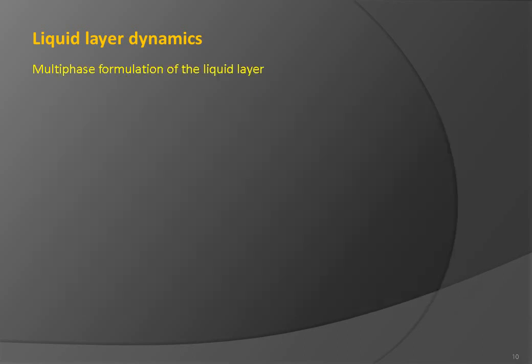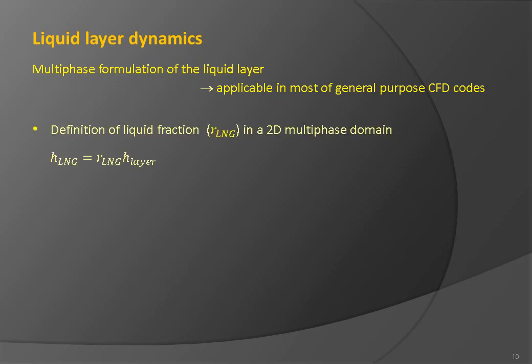The present work is based on a multi-phase formulation of the liquid layer, and therefore applicable in most general-purpose CFD codes. In a 2D multi-phase domain, a liquid fraction R LNG is defined. It substitutes the shallow water formulation and relates the thickness of the LNG layer, H LNG, and the height of the 2D domain, H layer.